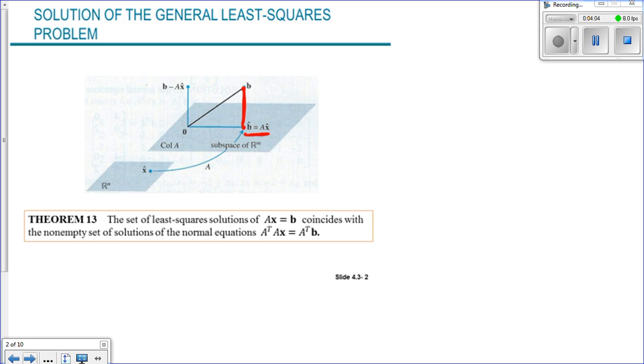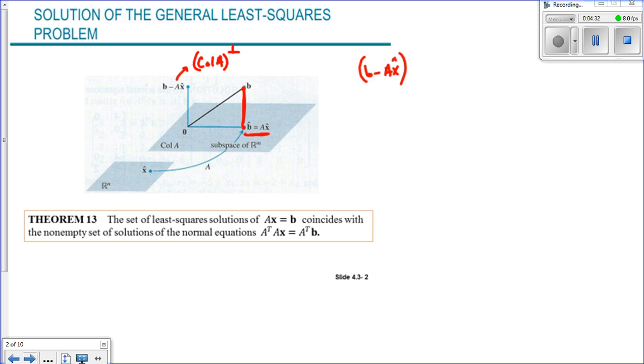Okay, so we know that b minus A x hat is going to be orthogonal to each of the vectors that are in the column space. Remember, this b minus A x hat is in the orthogonal complement of that subspace.